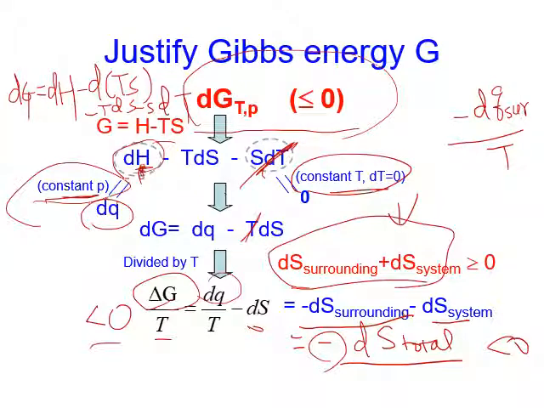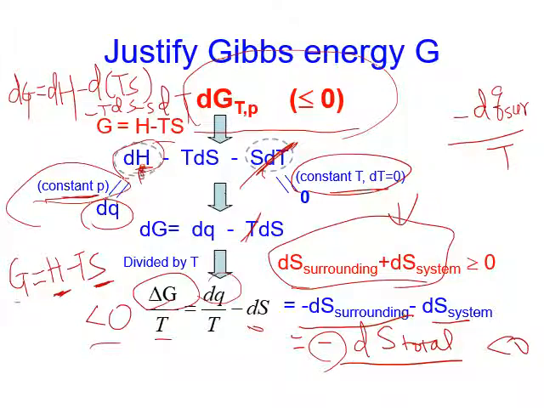Note the definition, G equals H minus TS. In this function, S is the entropy of the system, and H is the enthalpy. The enthalpy represents heat under constant pressure, which represents the negative heat of the surrounding, or the negative entropy of the surrounding.